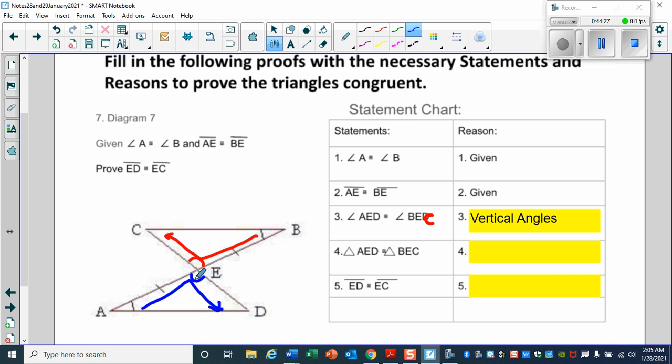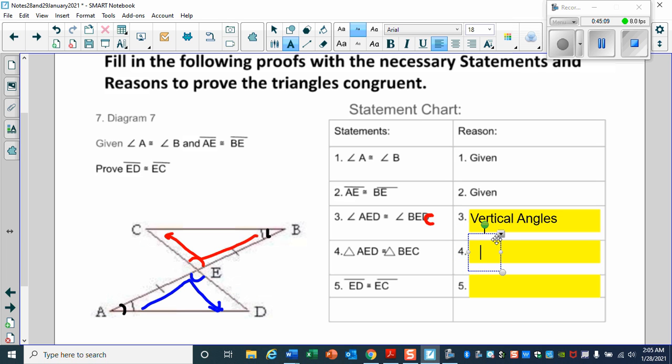Again, I should have marked this as 2, because here it was marked as 1. Or we could have put a second arc for B, a second arc for A, so we don't get confused. So we went from 2 arcs down the segment to the vertical angle, and vice versa. 2 arcs, line segment, single angle, vertical.